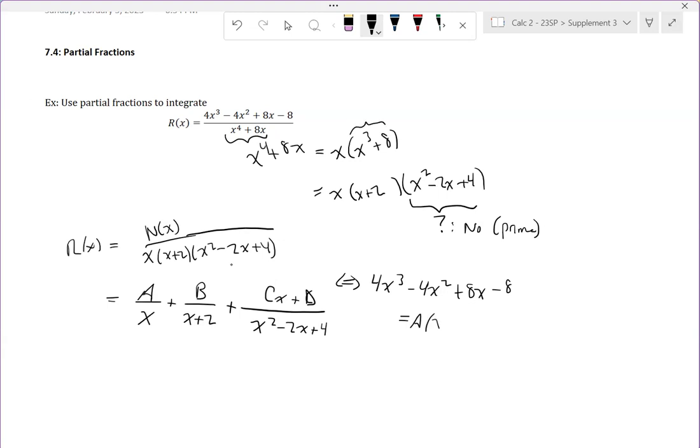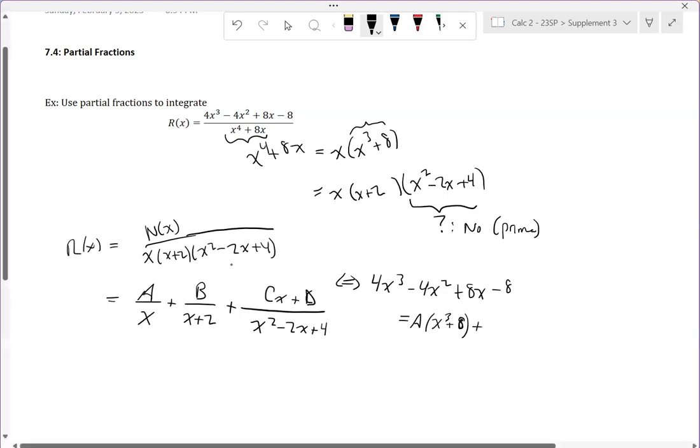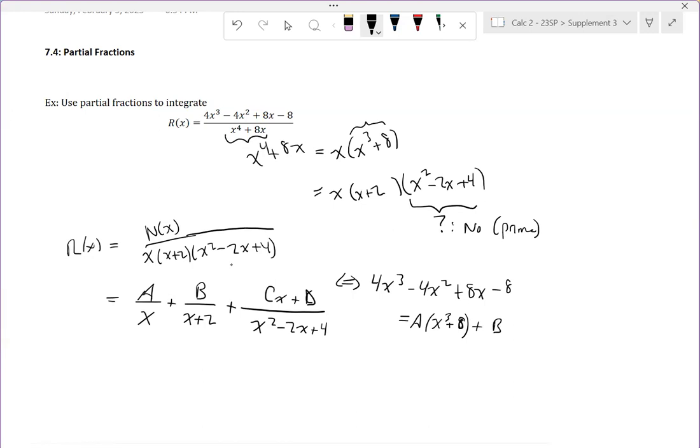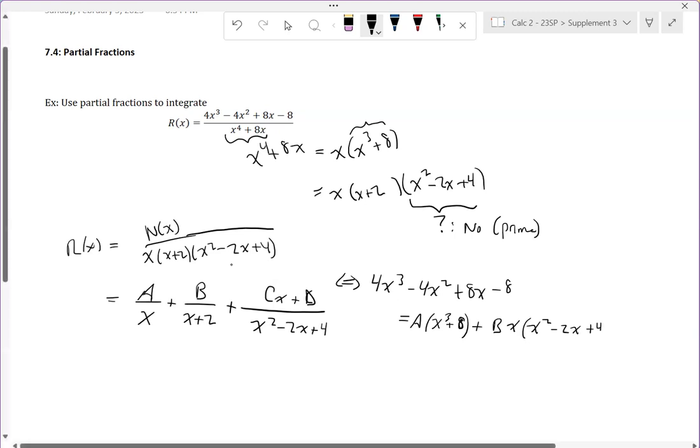So it's a times x cubed plus 8. The b term, we divide out an x plus 2, and we get x times the quadratic. And then for the third term, we get cx plus d. And here we divide out the quadratic, so we get a factor of x and a factor of x plus 2.